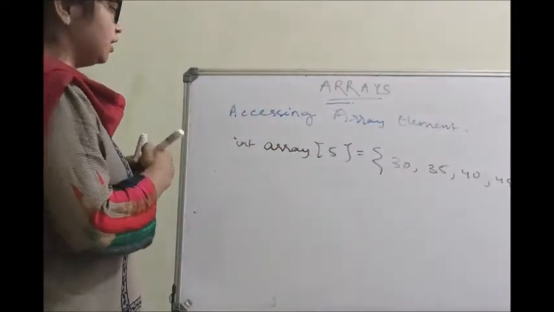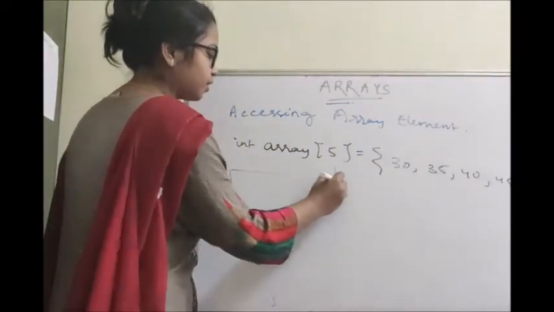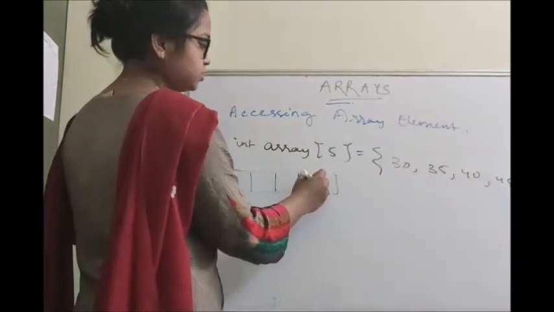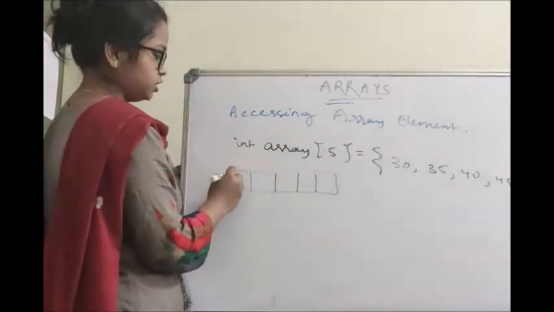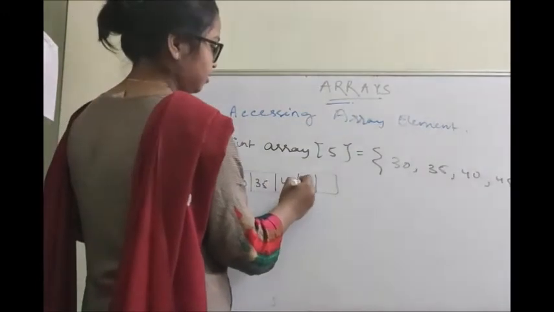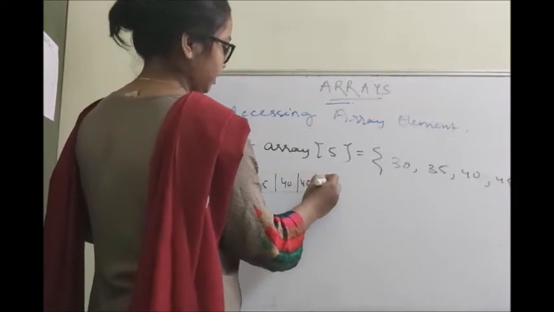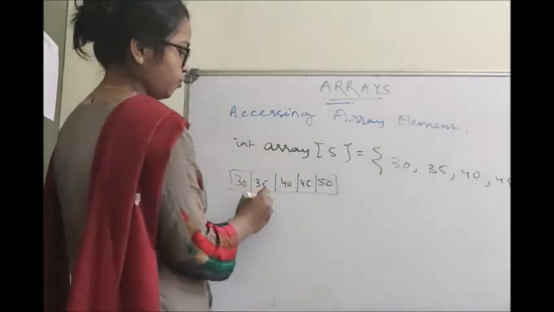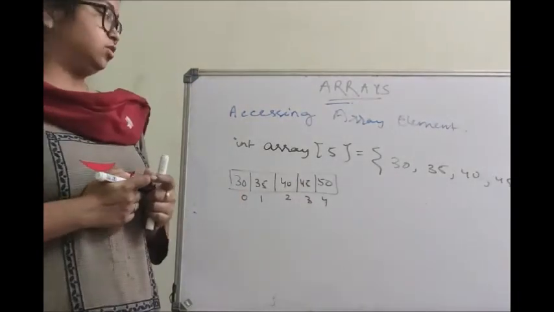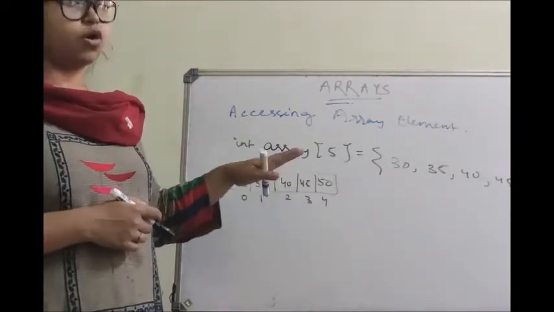First you have to understand that at the back end, the compiler reserves 5 locations and allots numbers to them. So this is index 0, 1, 2, 3, 4. Array indexing always starts from 0. These are the prerequisites, you already know it.